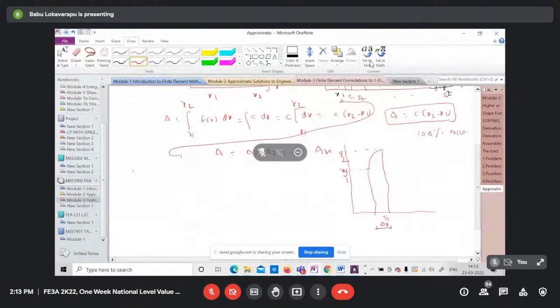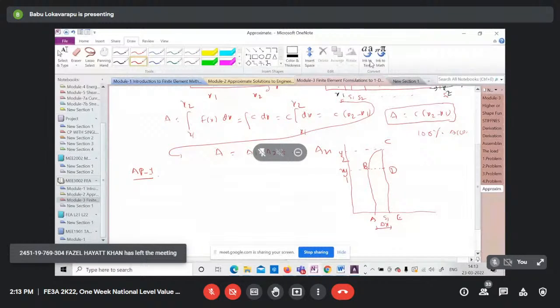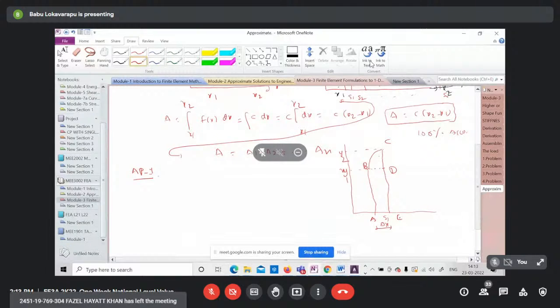I can find it using different approaches. Approach 1: here I'll draw a horizontal line. I'll say this is A, B, C, D, E. I'll assume this as a rectangle A, B, D, E, and find out the area. I'm ignoring B, D, C. I'm drawing on a larger scale, but actually it is very small.